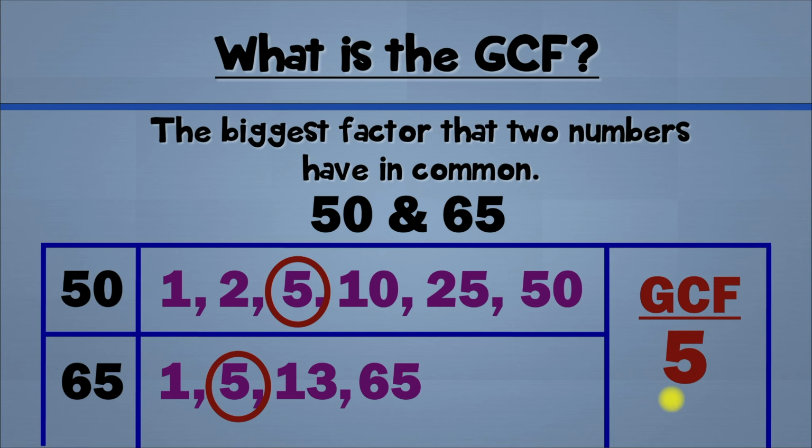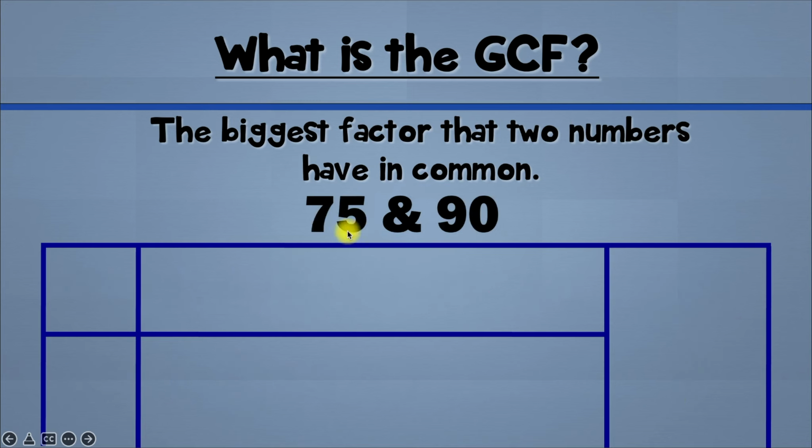And here's our last example, 75 and 90. Let's write 75 here and 90 here. And then I'll write my factors of 75 here and my factors for 90 here. Now 90 has a lot of factors. I hope you got them all.